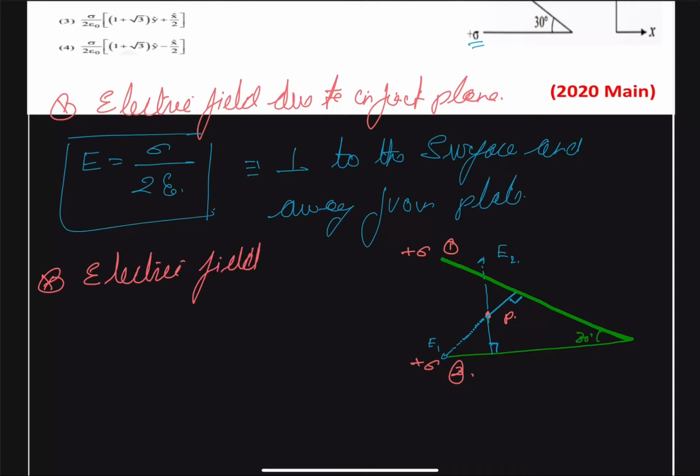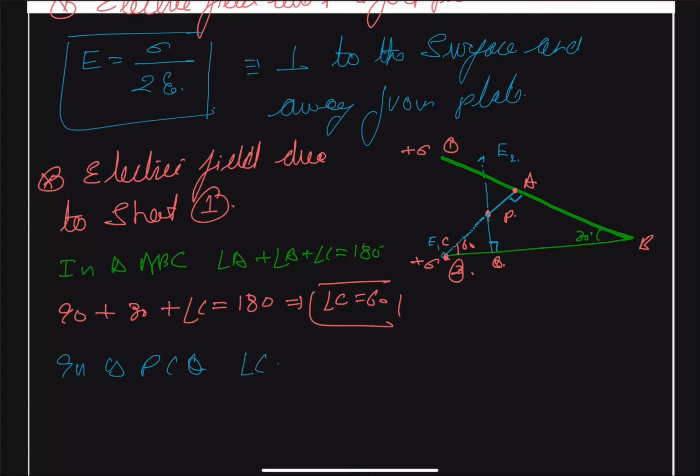So we found this angle is 60, and let us call this point Q. Now in triangle PCQ we have angle C plus angle P plus angle Q equal to 180. Q is 90, C is 60. Therefore 60 plus angle P plus 90 is equal to 180, and this gives angle P equal to 30.